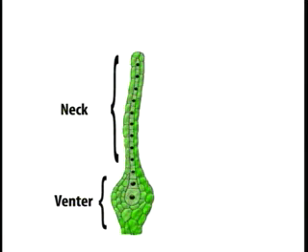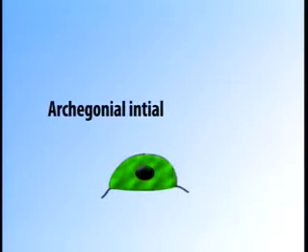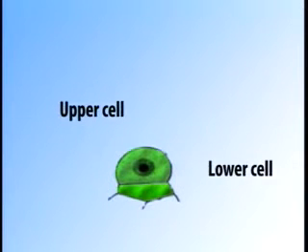As far as development of archegonium is concerned, the archegonium develops from a superficial cell, the archegonial initial, which differentiates at the apex of the archegonial branch. It divides transversely into a lower cell and an upper cell. The former divides repeatedly and forms the basal part of the archegonium, which is embedded in the tissue of the archegonial branch.